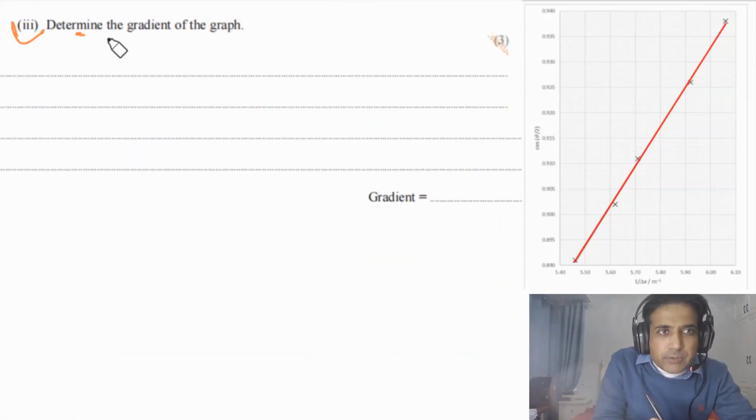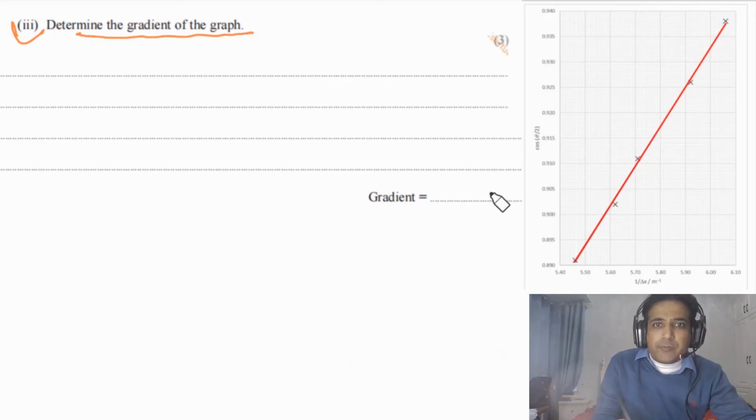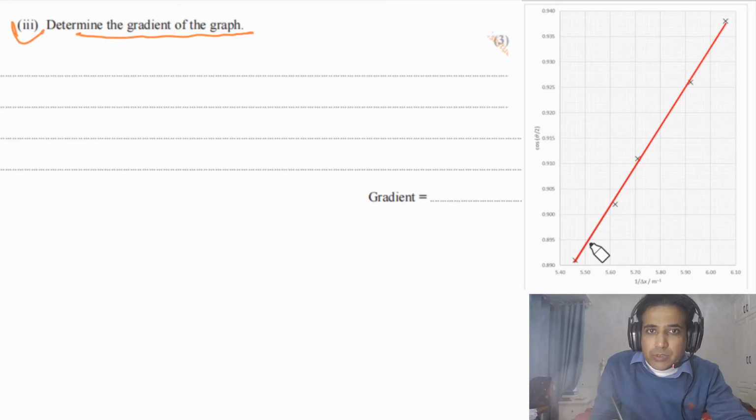The third part says determine the gradient of the graph. So we have to choose 2 points on this line. Let's say we take one point here. Let me change the color. We can take one point here and one point here.